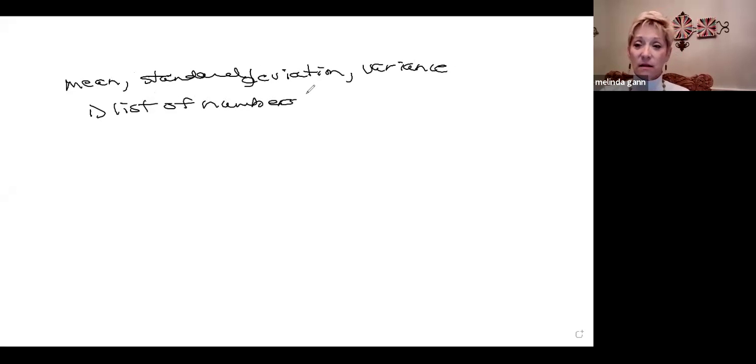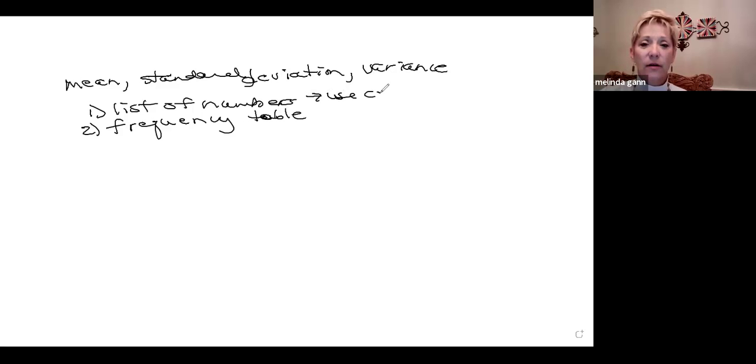That's chapter 3. But you can see if there's a list of numbers, then you do it that way. It might be a frequency table. So if it's a list of numbers, you can use the calculator. If it's a frequency table, you have to use the formula on the sheet.